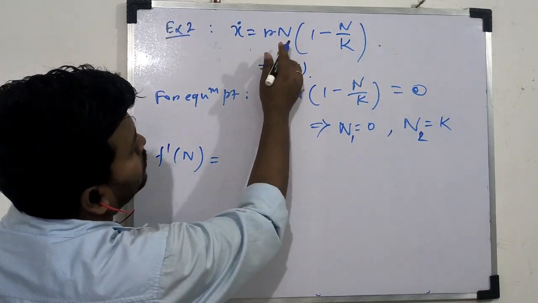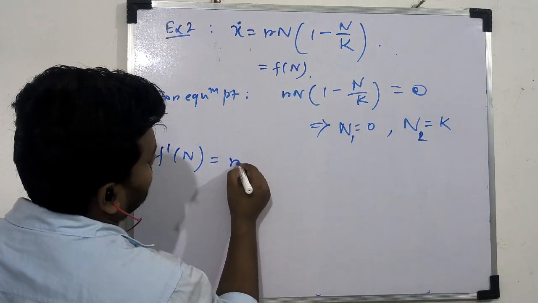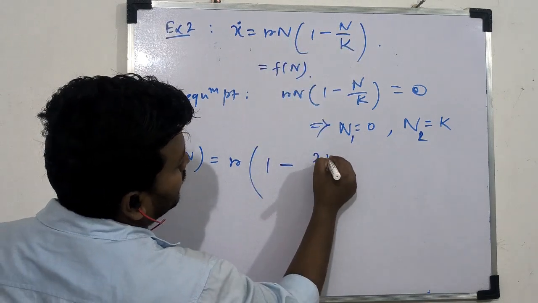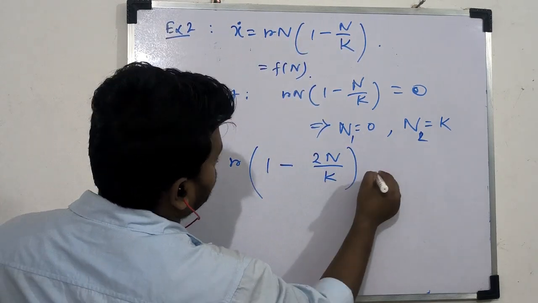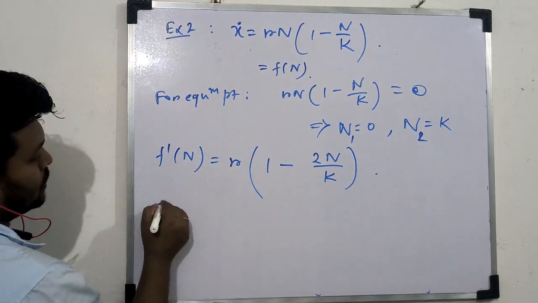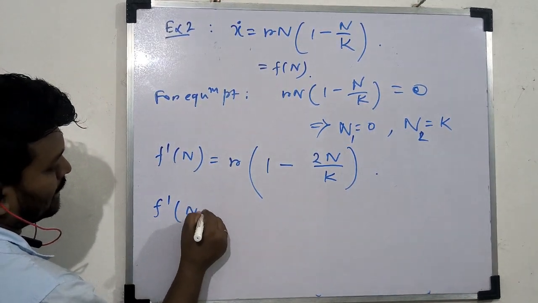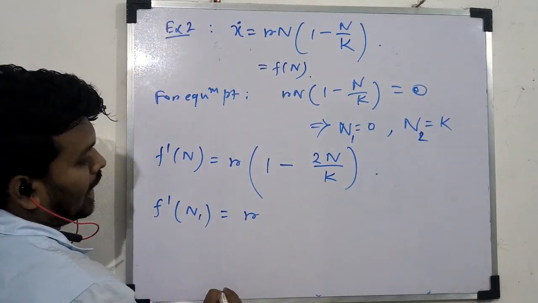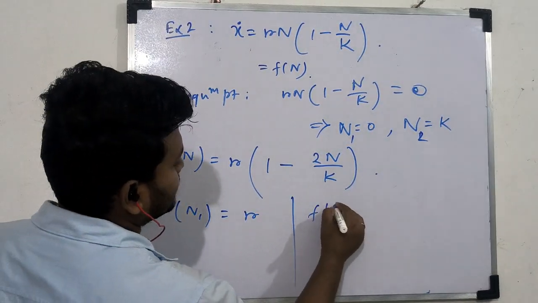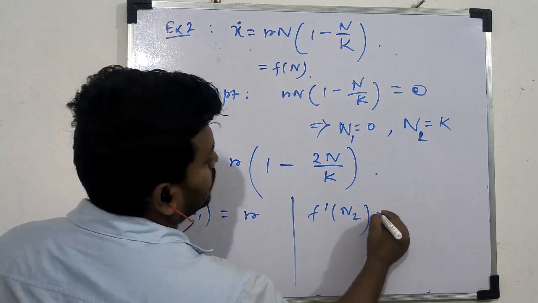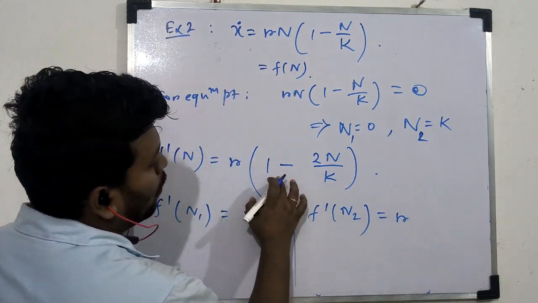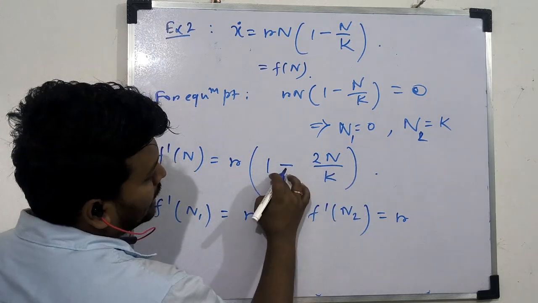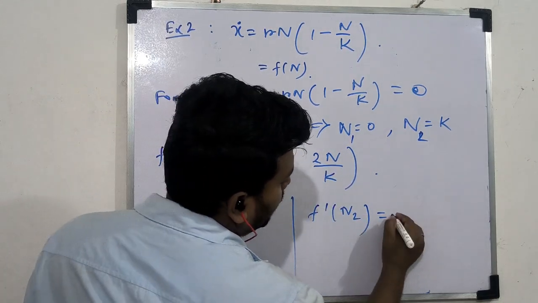This will give r into 1 minus 2n divided by k. So this is f dash n. If we find f dash n1, that is 0, so this will be r. And if we find f dash n2, this will give r into 1 minus 2k by k, that is 1 minus 2, that is minus 1, so this will be minus r.